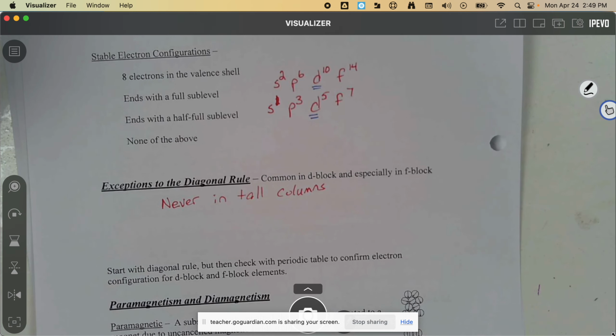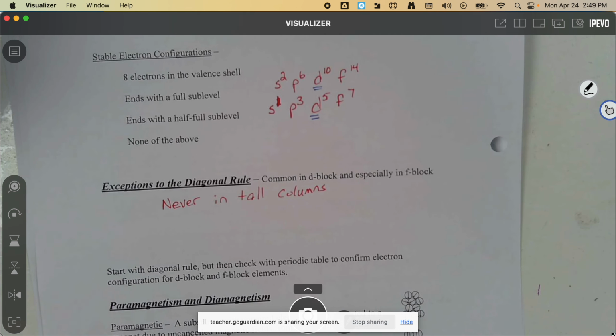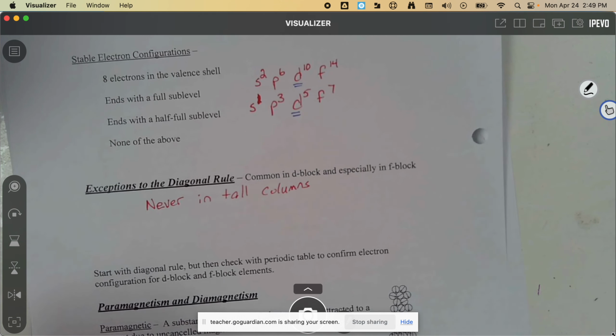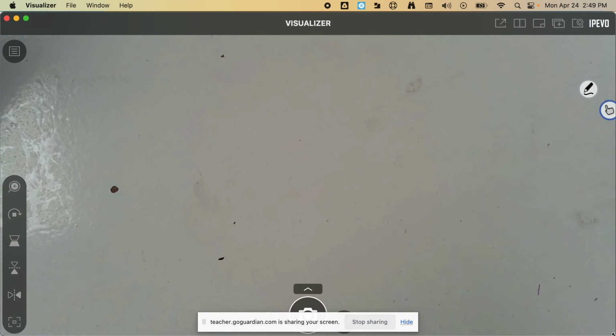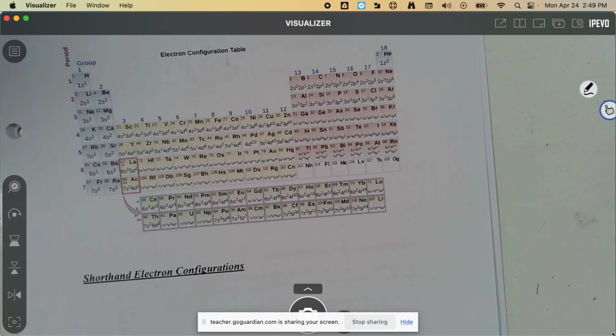If you're dealing with the transition metals, start with the diagonal rule, but then check with the periodic table to confirm the electron configuration if you're looking at a d block or an f block element. So if we look back here, I've actually given you a periodic table. I just copied this out of your textbook. This periodic table shows the actual electron configurations.